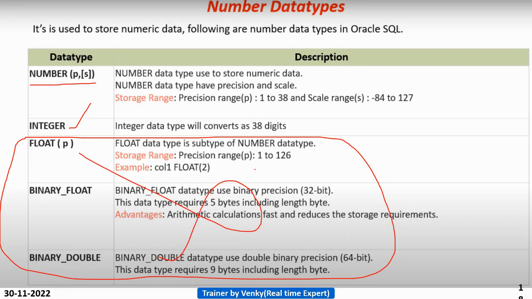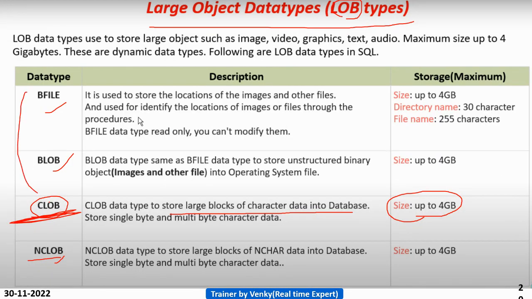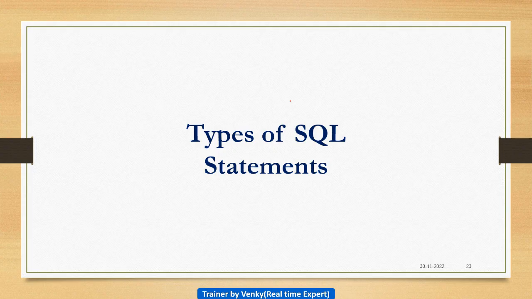Clear? All data types are completed, guys. We are left with only the date time data type. BFILE and BLOB data types, where we store images, we will discuss in procedures.